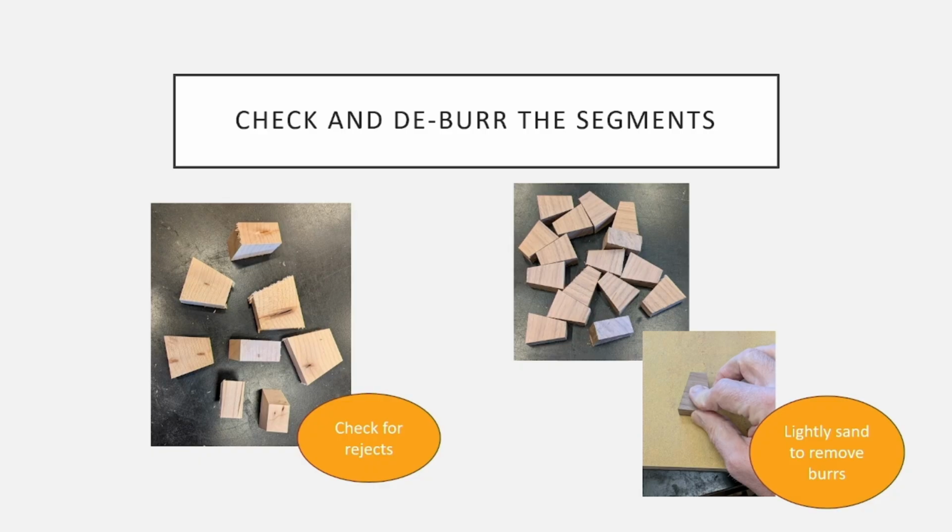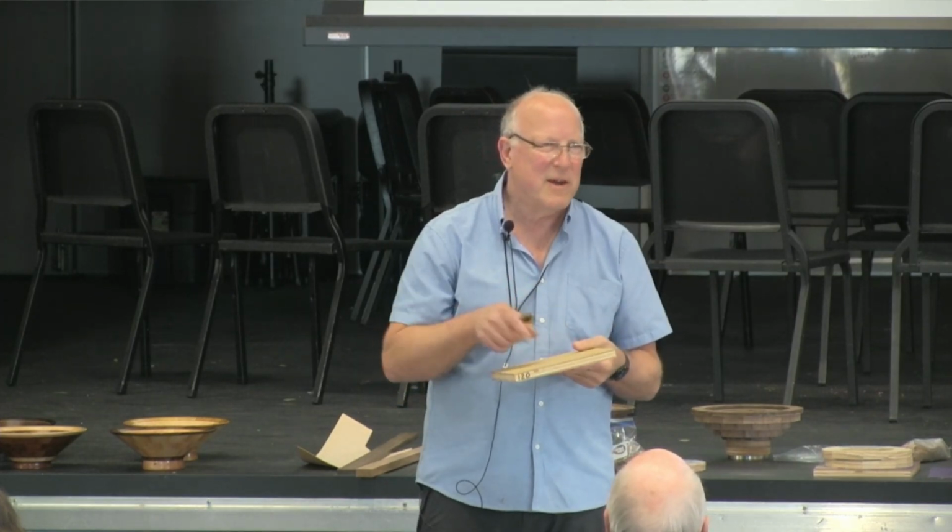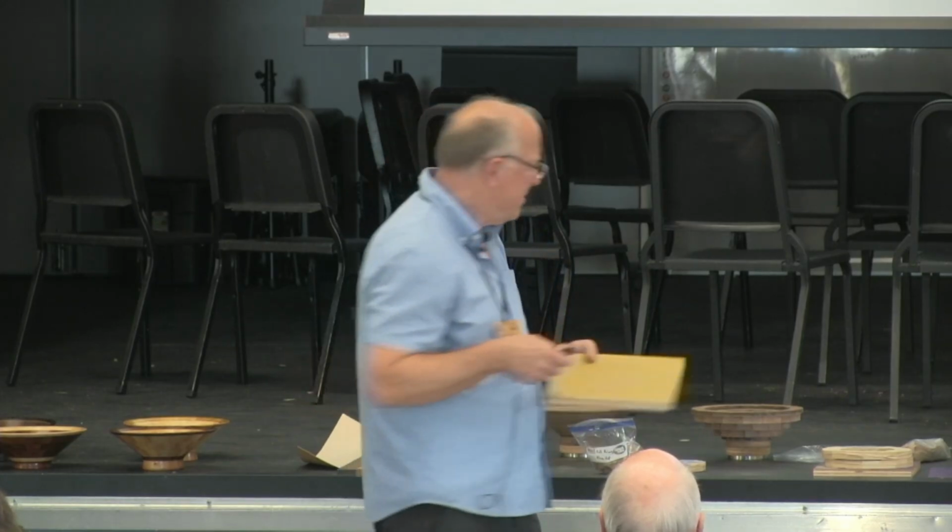A sanding board is just an 8.5 by 11 sheet of MDF or whatever with a piece of sandpaper glued on it. I run the segments on it to get the burrs off, because if burrs get in your glue joint, they're going to hold it apart and you're not going to get an accurate angle.